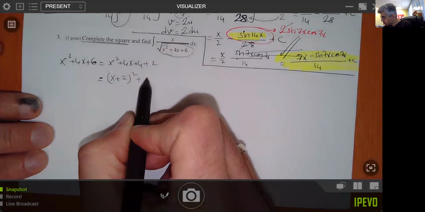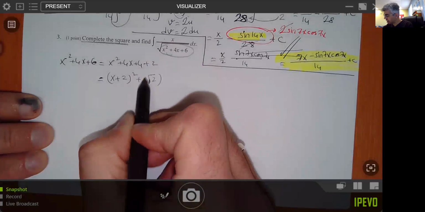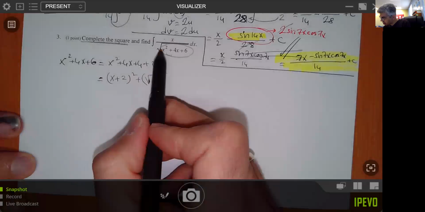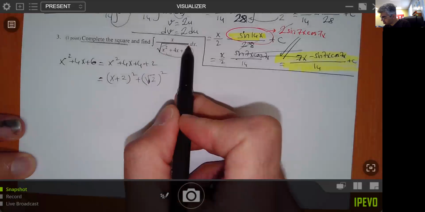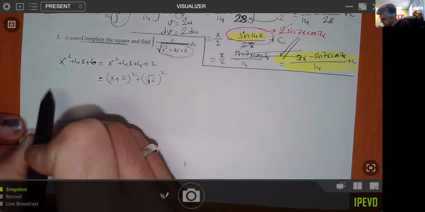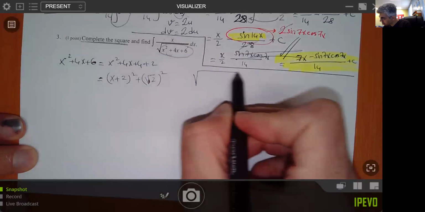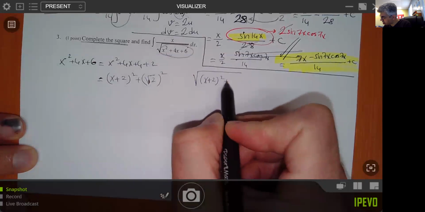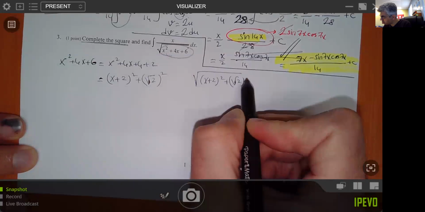That 2 I can write as square of square root. You may ask why? Why do we need to have it like that? Because, attention, this trinomial under the square root, right guys? Actually, I'm working with square root of x plus 2 squared plus root 2 squared.